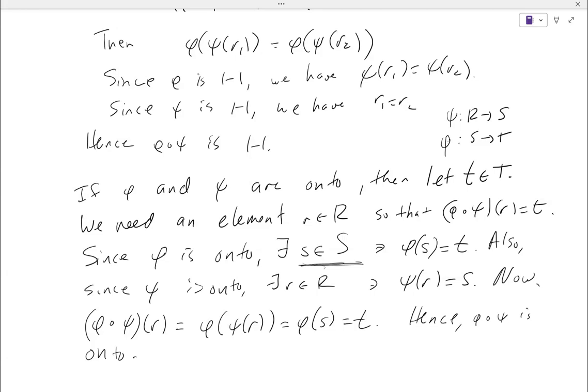Onto is like you have an equation to solve. Right? There's something in the output set, the codomain. Start there. I find something in the input set that maps to it. So for example, let's do a specific example that we know is onto.